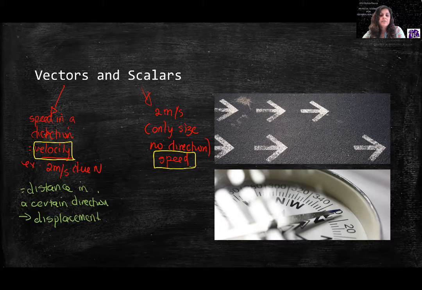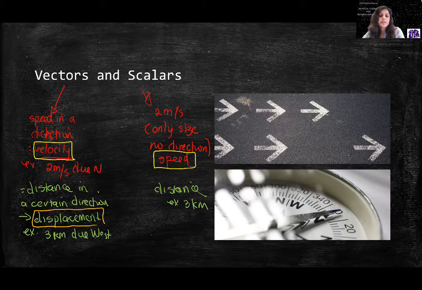And when we just have the distance, for example, this would be 3 kilometers due west. This example is just 3 kilometers. There's no direction. So here we have another vector quantity, displacement, and here's your scalar equivalent to that.